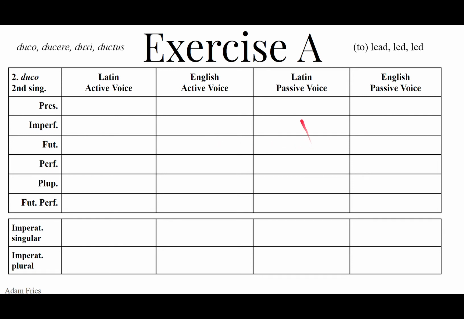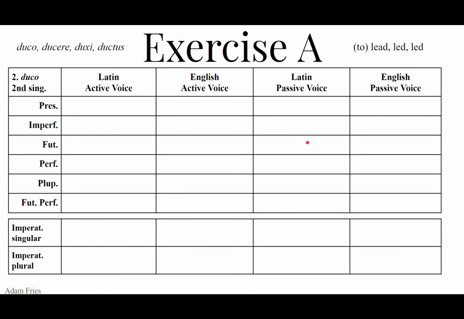Now the passive, the present passive was duceris, D-U-C-E-R-I-S. Now the future is spelled the same way, D-U-C-E-R-I-S, but the E is a long E. Duceris, and the pronunciation is different.